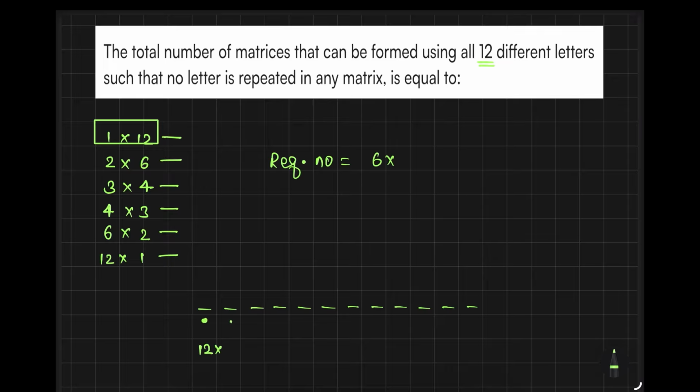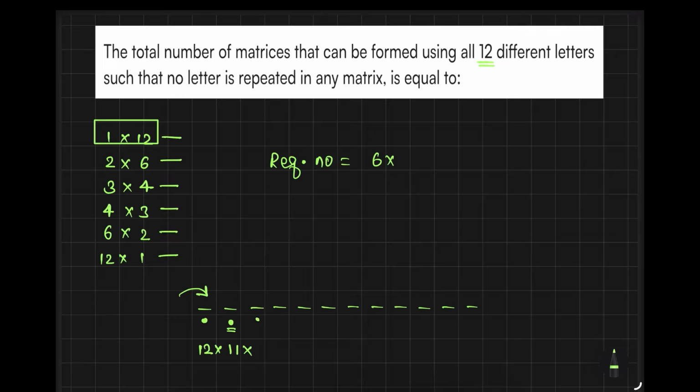Now, for this place, you know that repetition is not allowed. So you cannot reuse the element that you have used. Out of 12 elements, one element must be placed over here, so we are left with 11 choices for this place. Is your task completed? No. Till the time your task is not completed, you have to multiply.